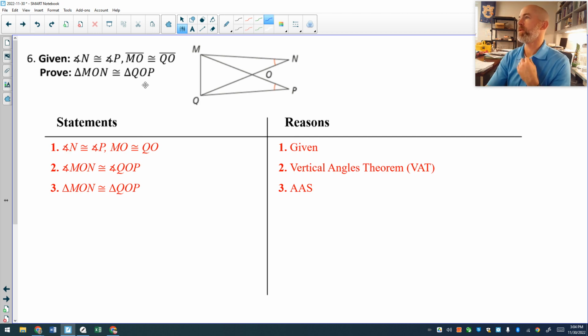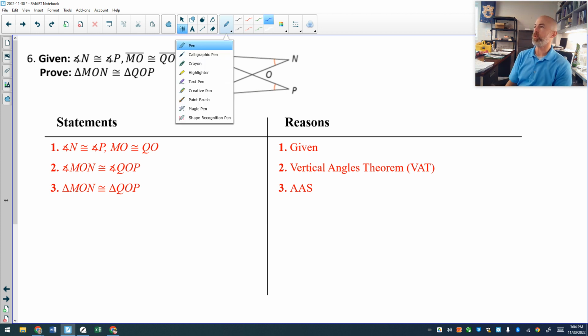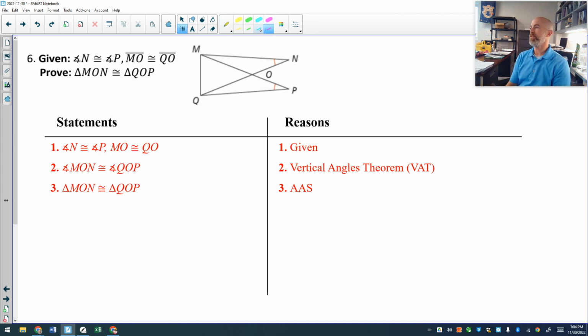Number 6. Okay, problems like this when you have overlapping triangles. When somebody first asked me a question and I glanced at it, I thought we were going to try to do this triangle congruent to this triangle.